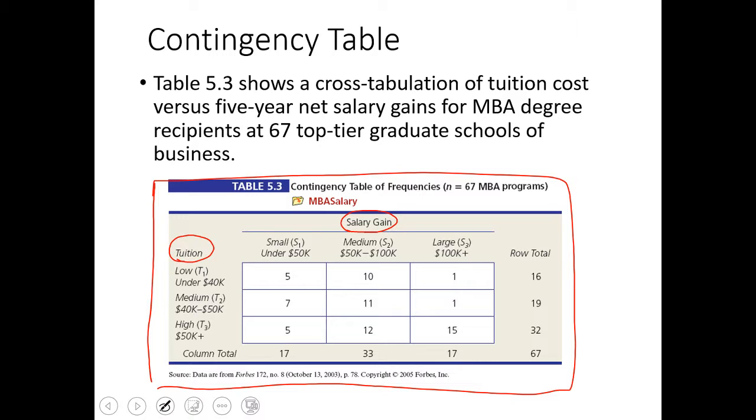And so we divide the 67 top tier graduate schools into three groups: low tuition group, medium tuition group, and high tuition group.